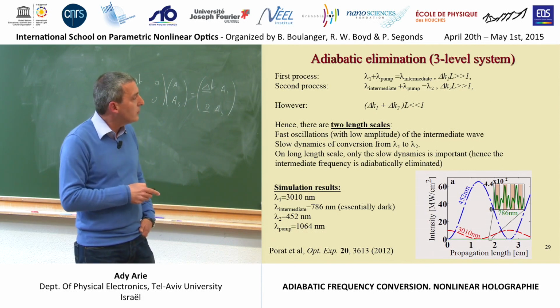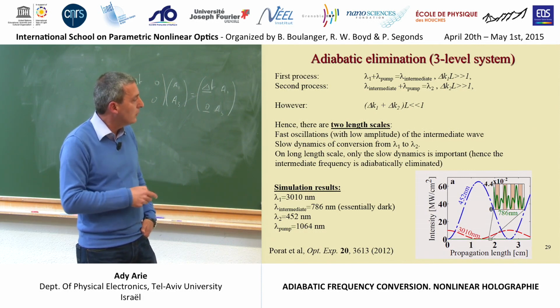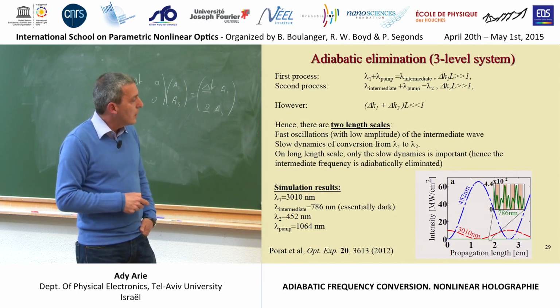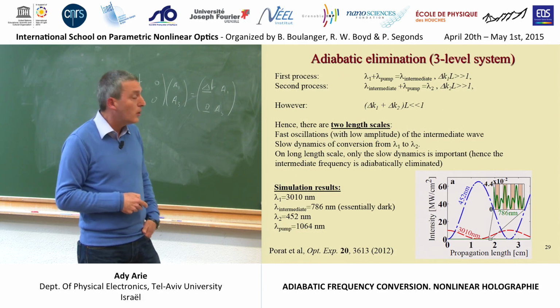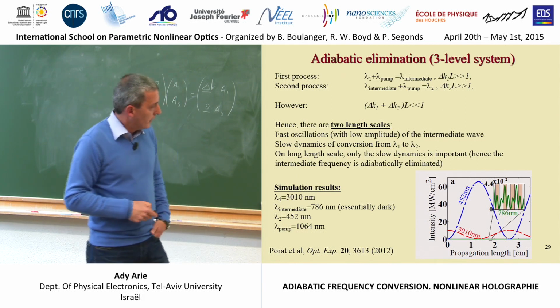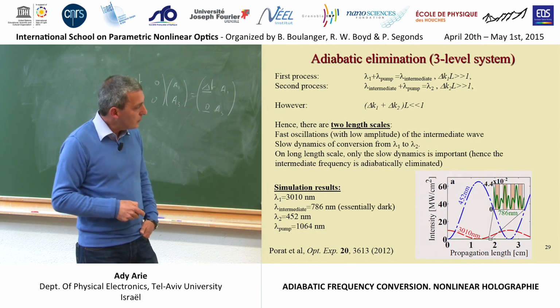And this we already showed, we also showed in experiment, not in simulation. So we start with mid-infrared, around 3 microns. Our intermediate wavelength is here at 786. And the lambda 2 is in the blue, it's 450. And so this is a simulation.